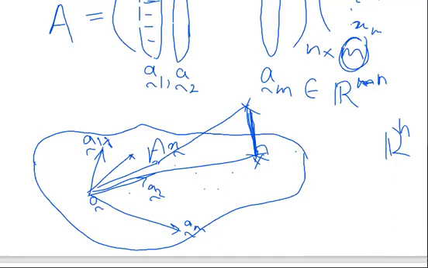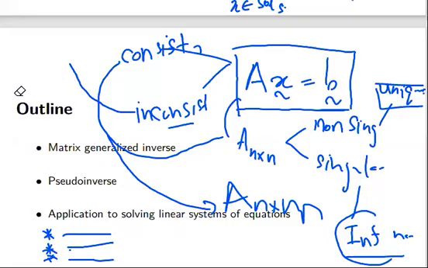So this is the lecture outline. We will discuss the generalized inverse of a matrix, and then the pseudo inverse of a matrix, then the application. This is the main application, solving the equation.